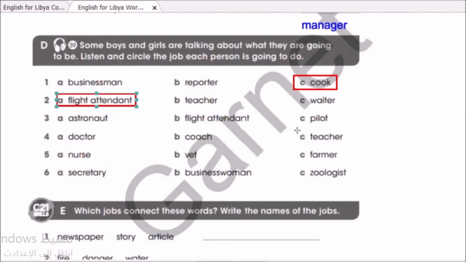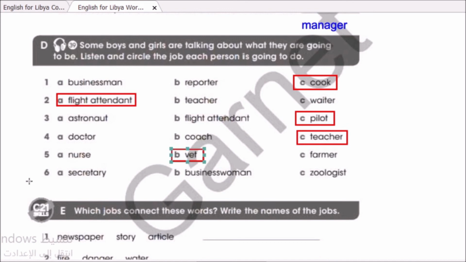So 3, very good, pilot. 4, a doctor, coach or teacher. Number 4, very good, teacher. 5, nurse, vet, farmer. Very good, vet.